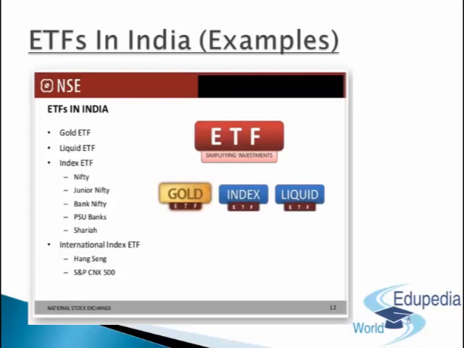In the case of Junior Nifty, Nifty basically holds the top 50 companies in terms of market valuation. That includes Infosys, ITC, L&T, and many other companies in the top 50. Junior Nifty basically goes for companies ranked from 51 to 100 in terms of overall market capitalization. These companies are more aggressive compared to the ones in the top 50.